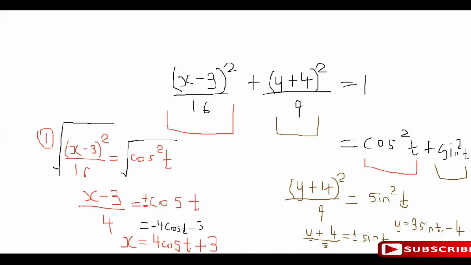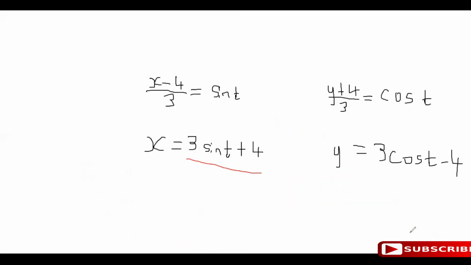I was saying you're supposed to have x minus 3 divided by 4 for one of them, and y plus 4 divided by 3 for the other one. Yeah, that's what we have right here, right?